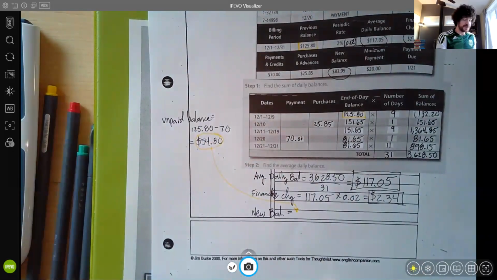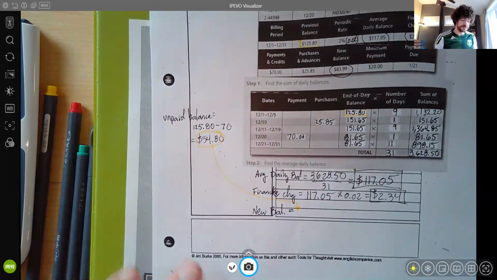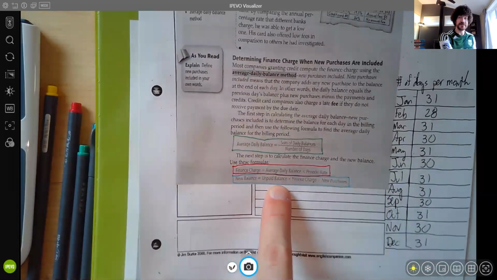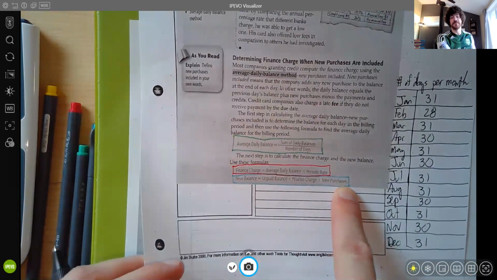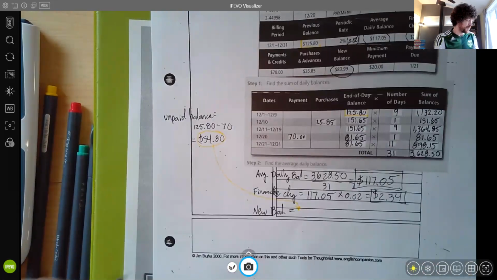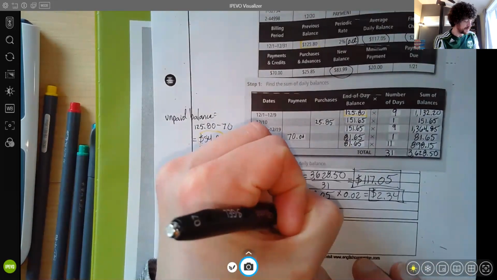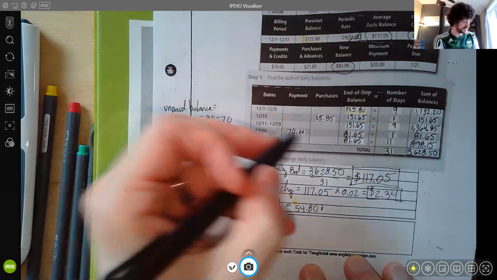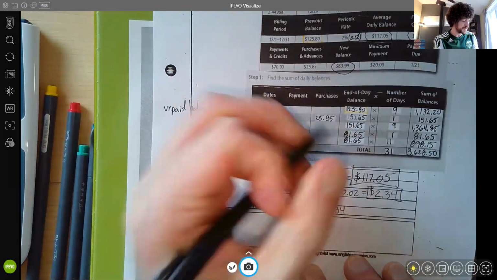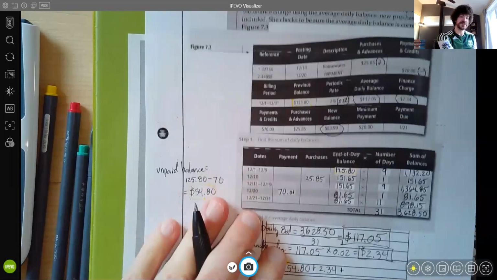All right, so the new balance, as we saw a couple days ago and earlier today as well, is the unpaid balance plus the finance charge plus the new purchases. So 54.80 plus the finance charge, $2.34, plus the new purchases, which is the 25.85.